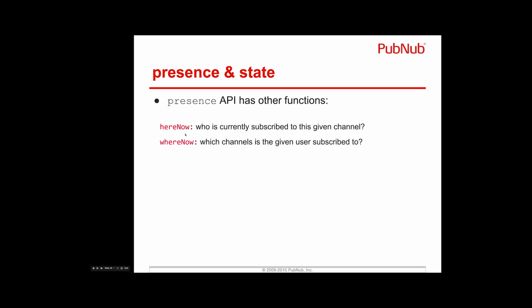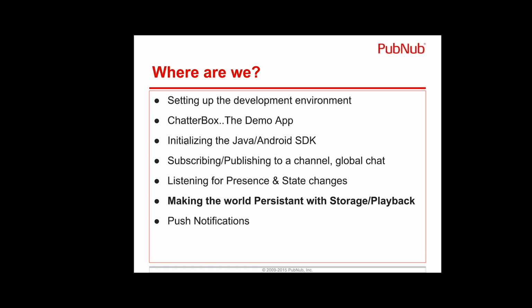So here now will give you a list of the users within a channel. Where now will tell you which channels a user is currently subscribed to. And there are some examples in the code of where now and here now as well.